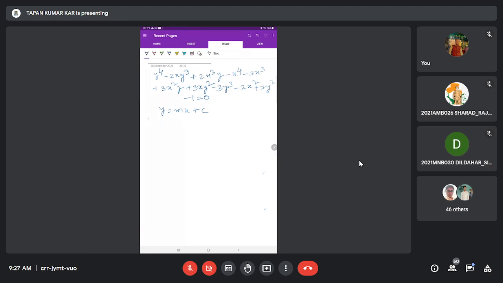So m is of course not equal to 0 here, because if m equal to 0, then y equal to c. y equal to c means what? y equal to a constant means parallel to the x axis. But we have checked that there are no asymptotes parallel to the y axis or the x axis.